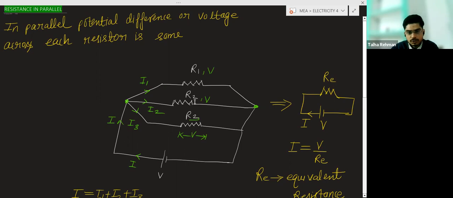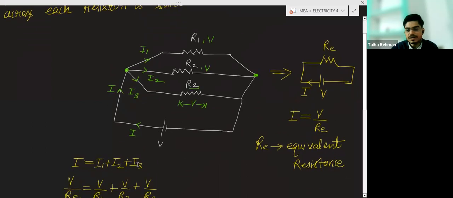Okay. So can I write I is equal to I1 plus I2 plus I3, because I is dividing among R1, R2 and R3. This is like water flowing in a pipe. This is a pipe, and in this pipe the water is flowing.